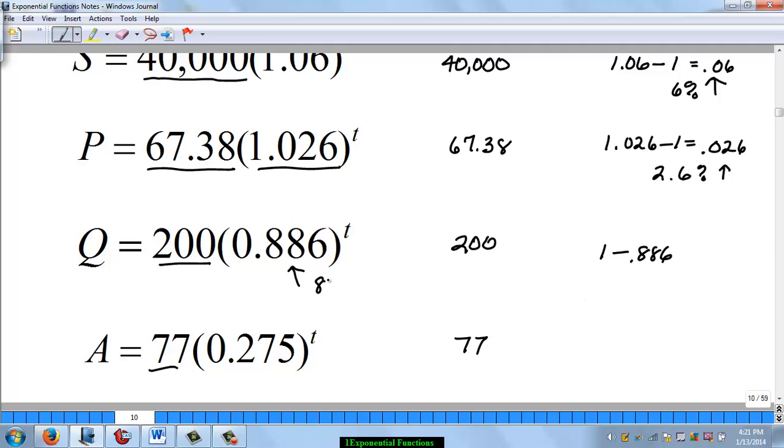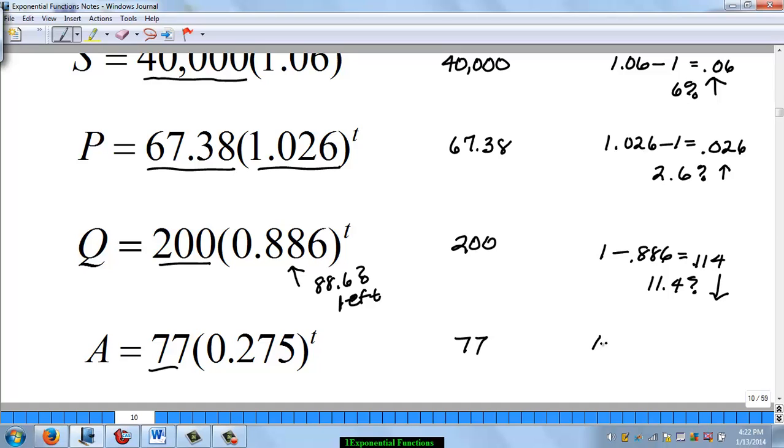This means there's about 88.6% left. Okay? So I have to find what went away. That's what's left over. So when I do that, I get 0.114, or 11.4%, and this is a decay. So anything less than 1, between 0 and 1, is a decay. These two are growths. These two are decays.